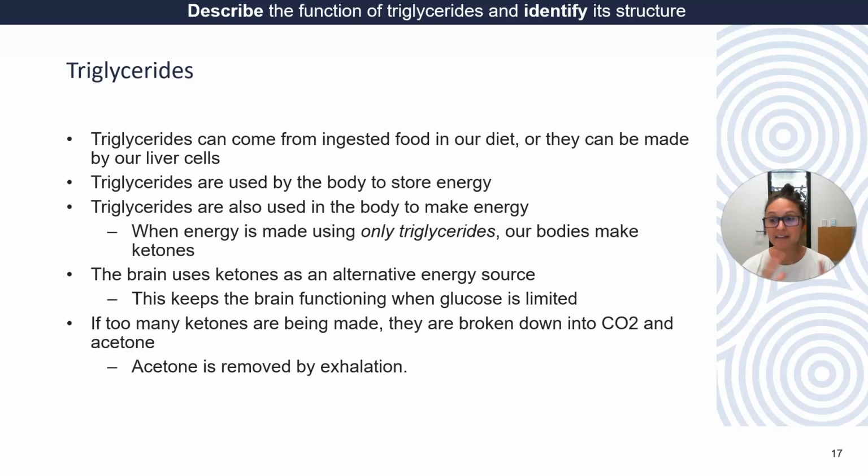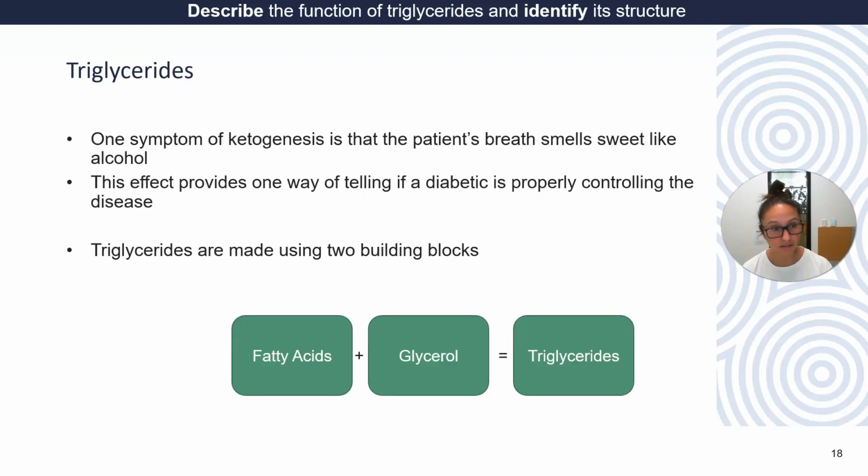That is part of the chemical reactions involved. So if you have someone whose breath smells a little bit like sweet alcohol, that means that person is not using glucose for energy. They're using triglycerides. That's a really big hint, and it's all about chemistry, isn't it? That's why chemistry is so important to learn about.